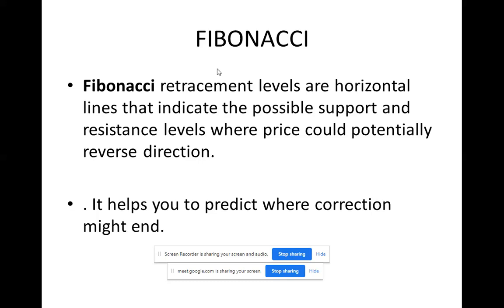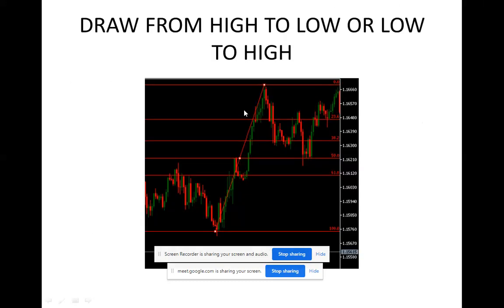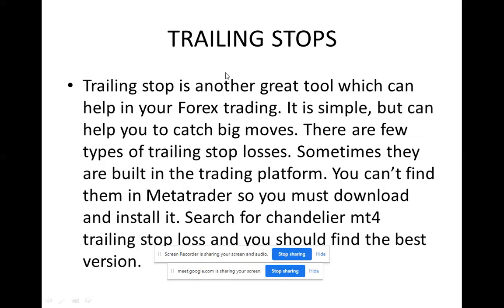But yesterday we only talked about Fibonacci retracement. Maybe some other days I'm going to discuss the other Fibonacci. Today I will discuss trailing stops and money and position management.